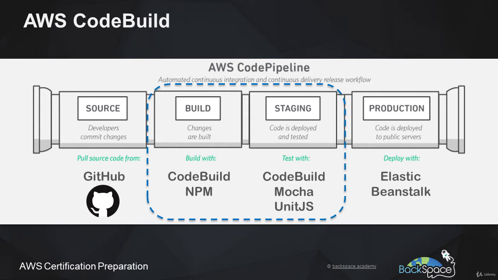So we're going to be using CodeBuild and NPM to build that. And then once it's built that application, it will pass it on to Mocha, and that will actually test that for us. And if that Mocha test passes, then the Elastic Beanstalk will have that deployed to it.